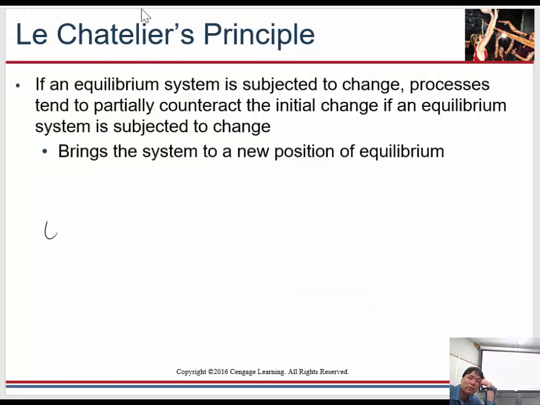What we do is establish an equilibrium and then we perturb it. That is, we upset that equilibrium so it's no longer at equilibrium. And then a new equilibrium gets established.